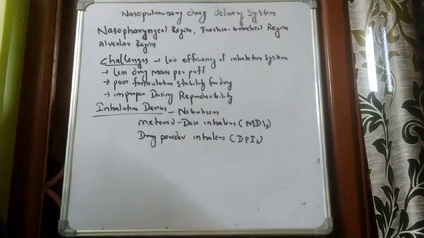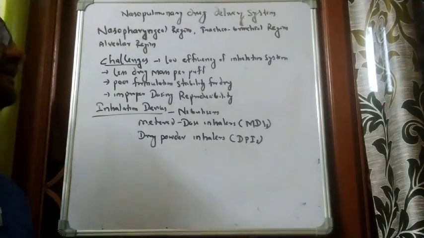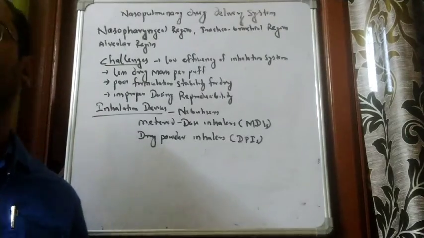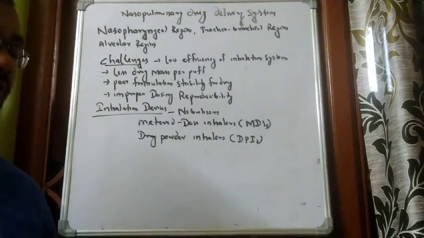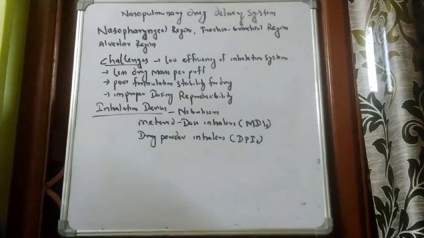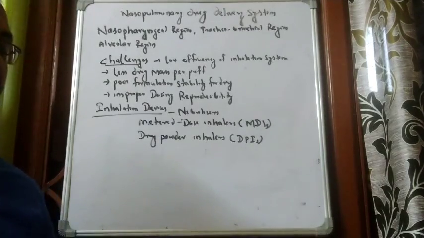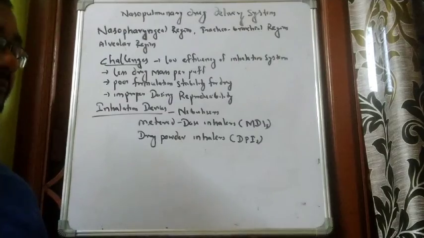Then rapid drug disposition to the target organ: the drug is immediately distributed to the target organ, and it can also be easily metabolized. Sometimes it gives lower systemic exposure, so it reduces side effects.